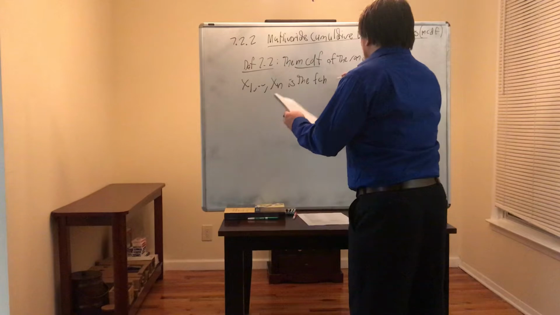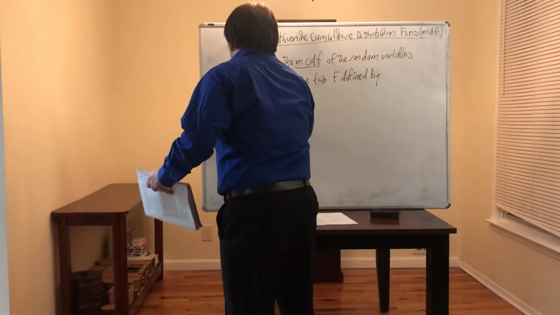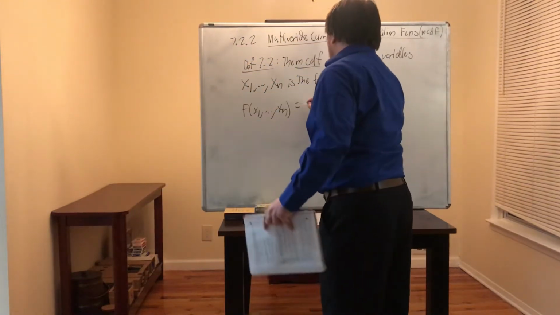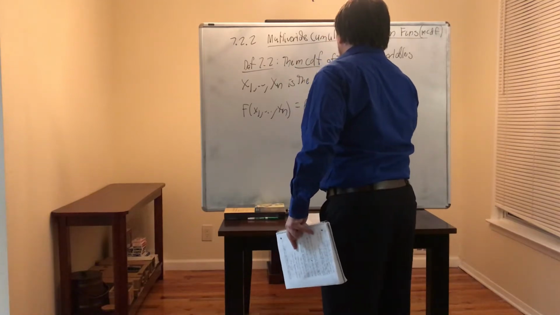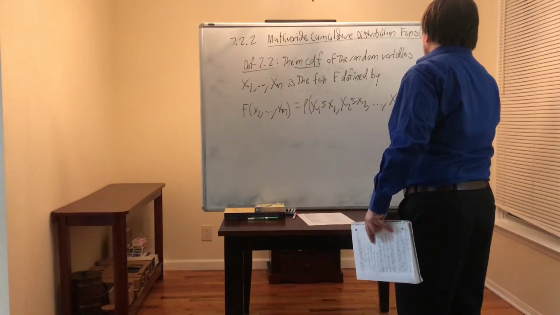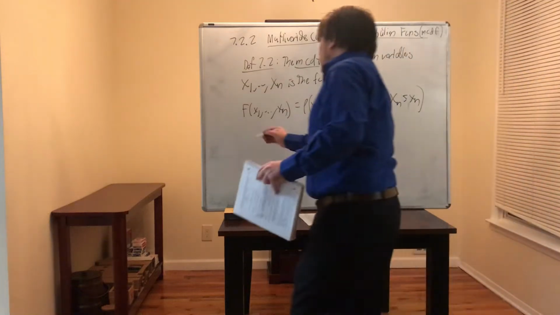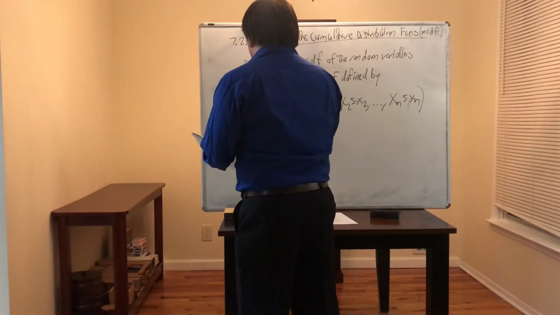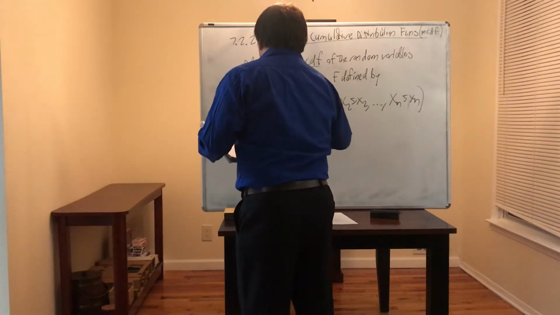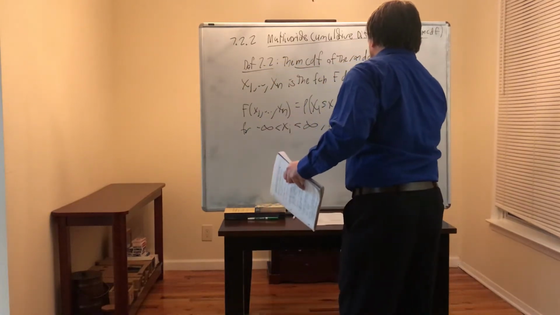It is the function capital F defined by capital F of x1, comma, xn is equal to the probability that capital X1 is less or equal to little x1, capital X2 is less or equal to little x2, comma, capital Xn is less or equal to little xn. And this is for all possible values of x1 to xn, for negative infinity less than x of i less than infinity, and that's for all i's from 1 to n.